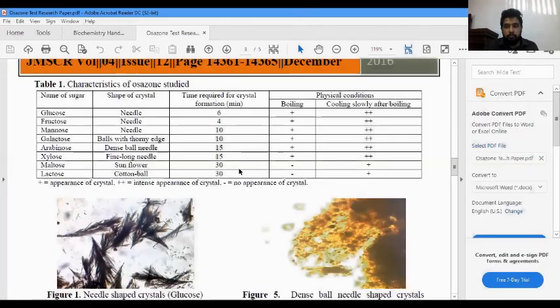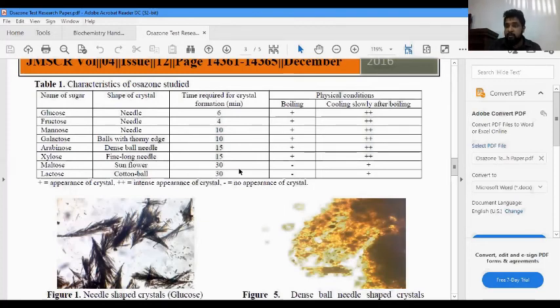I forgot to tell you that we have used four sugars in the osazone test: fructose, glucose, lactose, and maltose. Fructose will give results within less than 2 minutes, and glucose within about 5 minutes.